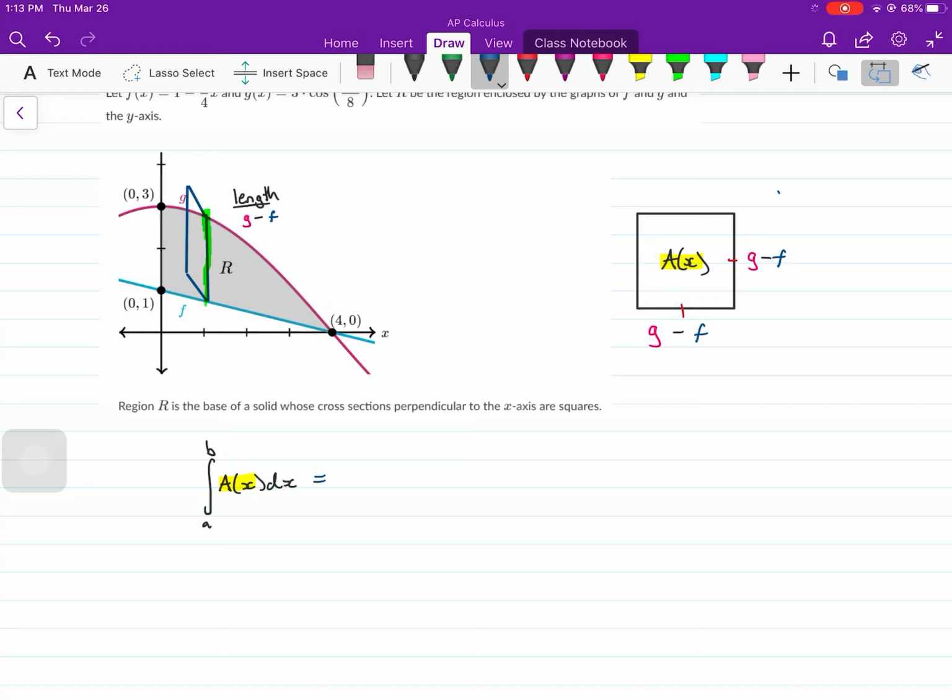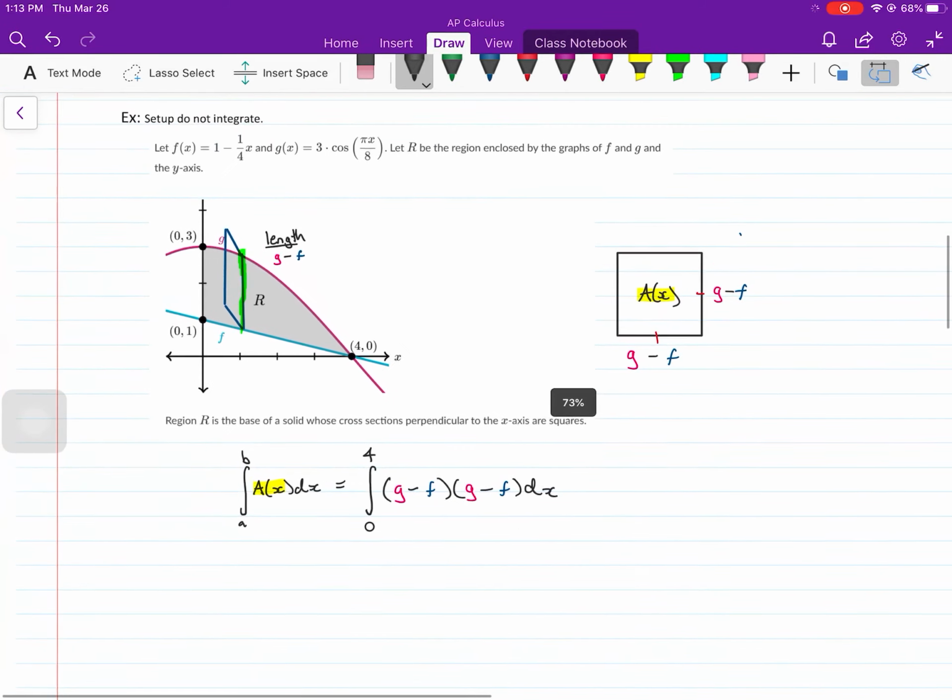So what would be the area of our square? The area of our square is going to be length times width. Let me be consistent with these colors. We're going to have length, which is g minus f, times our width, which is also g minus f, with respect to x, and notice we're going from 0 to 4.